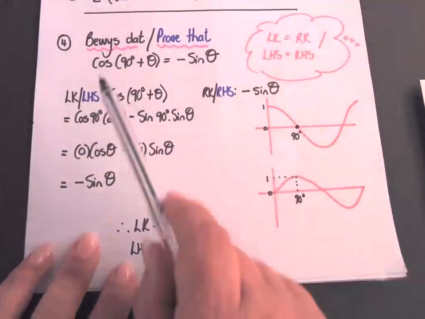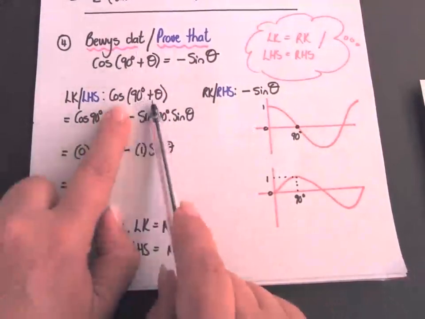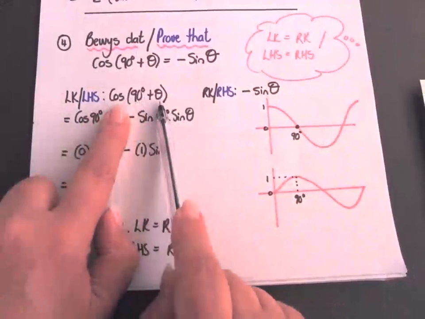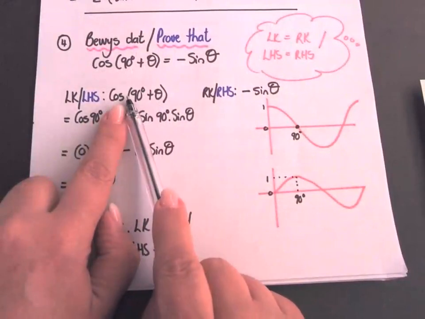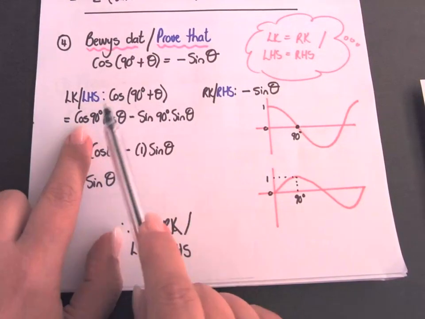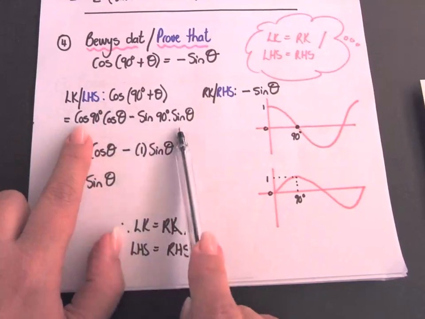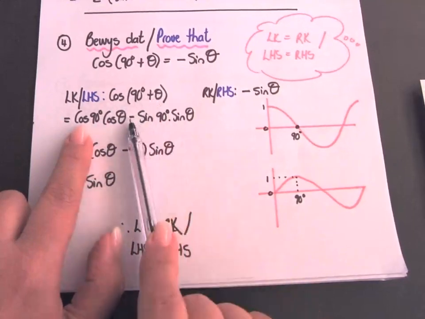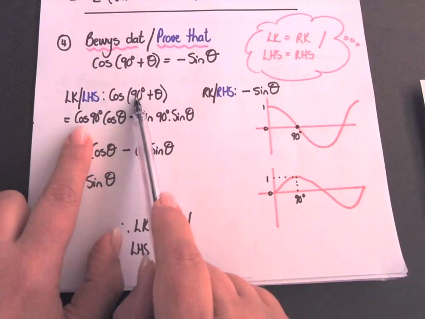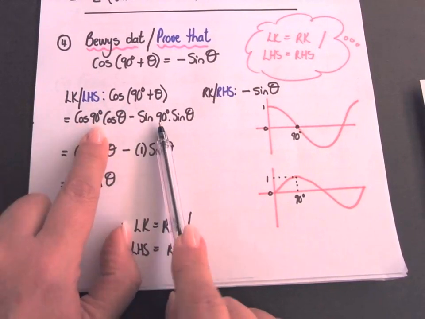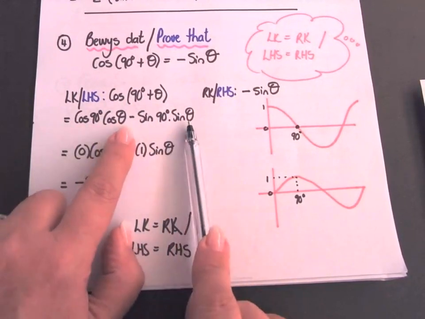I started with the left hand side, cos of 90 plus theta. This is a compound angle for cos. So the rhyme is cos cos, sine sine, and change the sign. The 90 degrees is the first angle, the theta is the second angle.